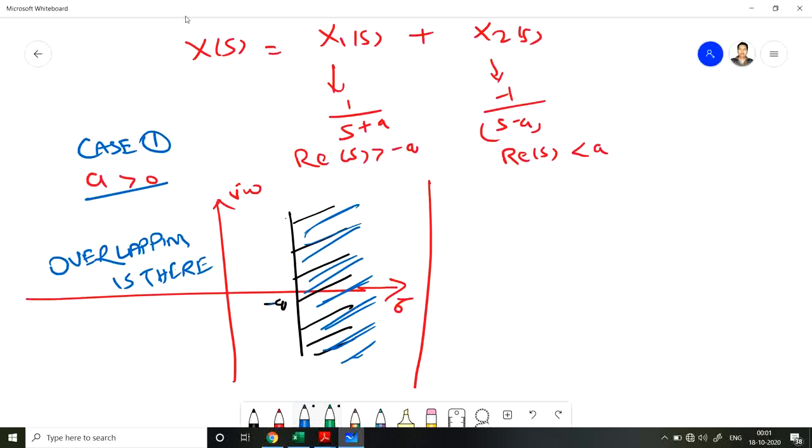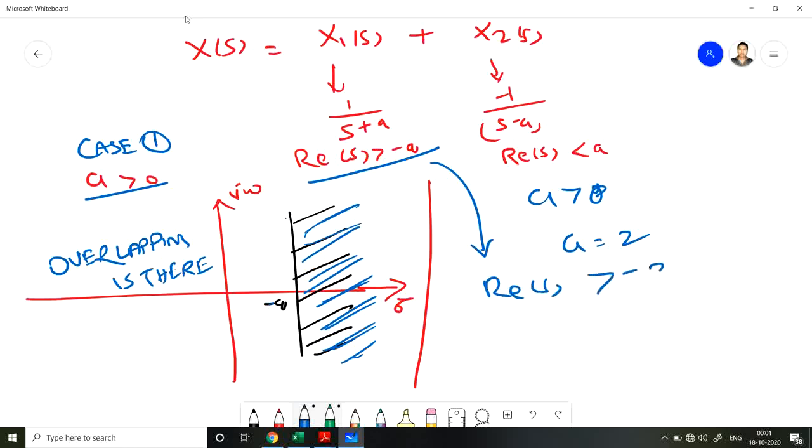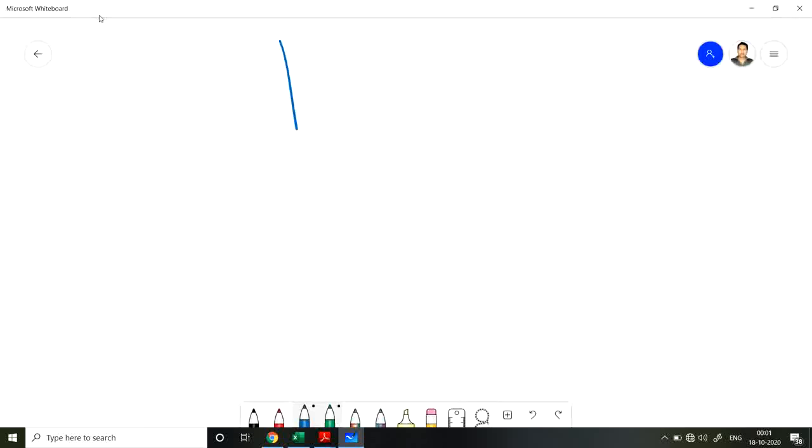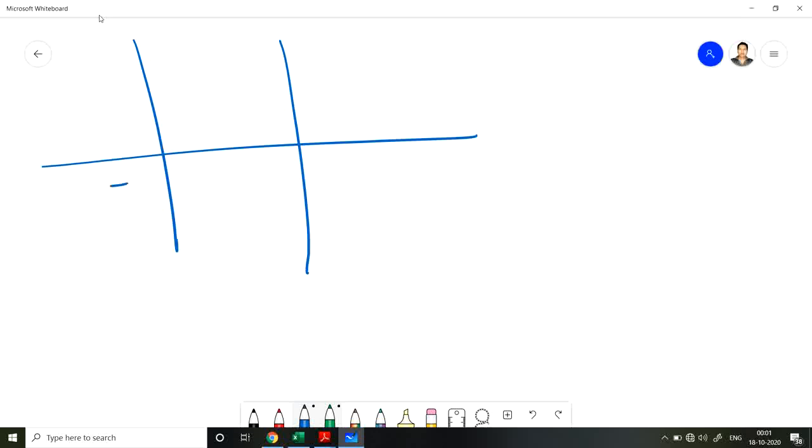So I am again explaining this case. So a greater than 0 means take a is equal to 2. So for this part we have real part of s is greater than minus 2, and for this part we have real part of s is greater than 2. So let us plot the ROC. So minus 2 is here and 2 is here.